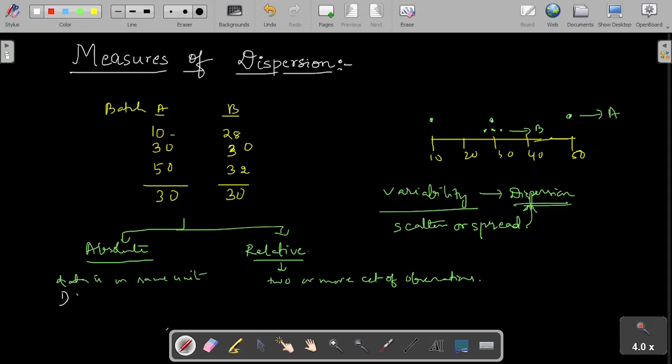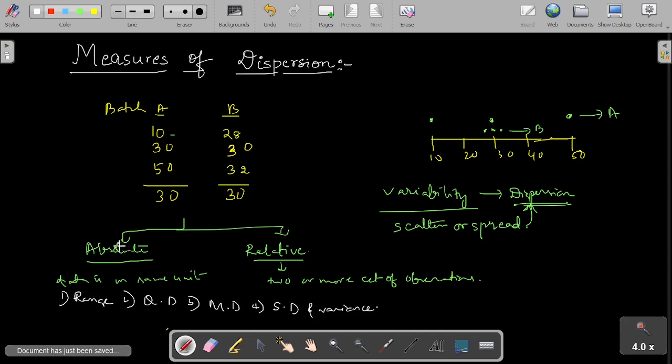One is range, second is quartile deviation, third is mean deviation, fourth is standard deviation, and variance. These are the different measures of dispersion, and these come under absolute measure because these are used to measure the dispersion in a single set of data. Relative measure is used to measure the dispersion when you have two or more sets of observations.